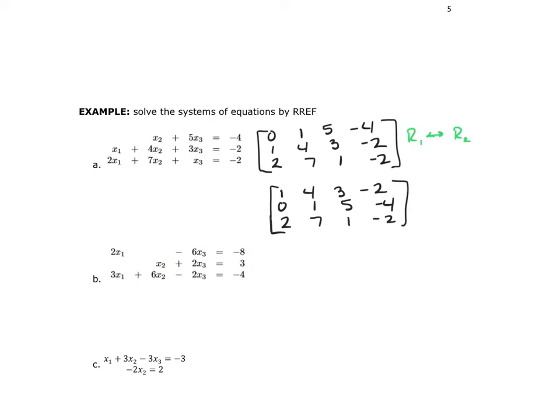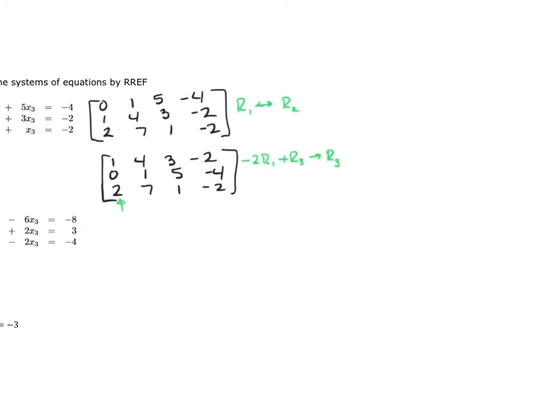Now I'm going to take negative 2 times row 1 and add it to row 3. I'm going to put the answer back into row 3. The reason I'm doing that is because I need to have a 0 right there. Like I told you before, I'm going to write the smaller multiplication up here so I can remind myself: this is negative 2, negative 8, negative 6, and positive 4.